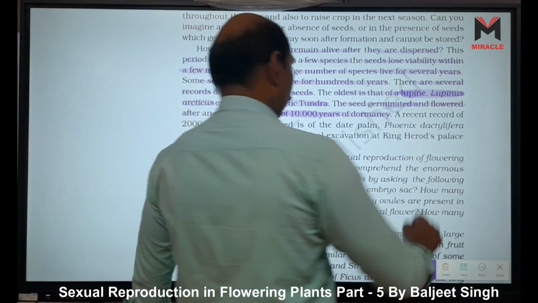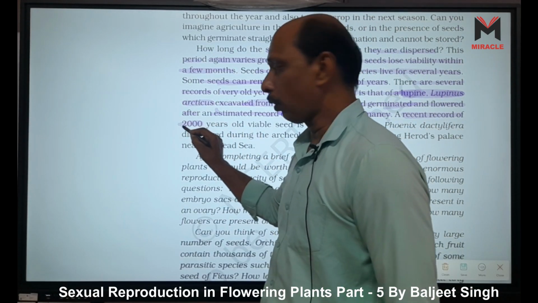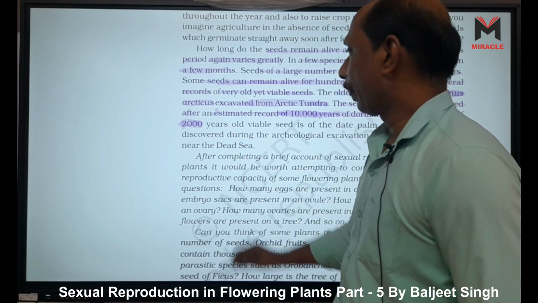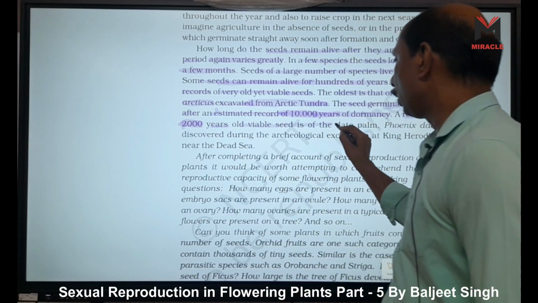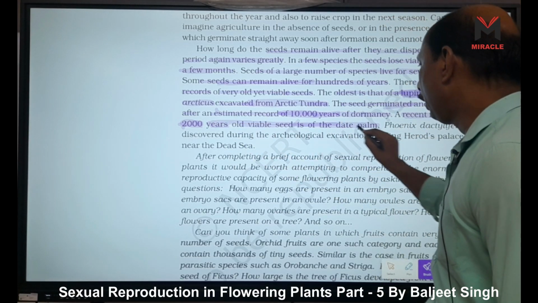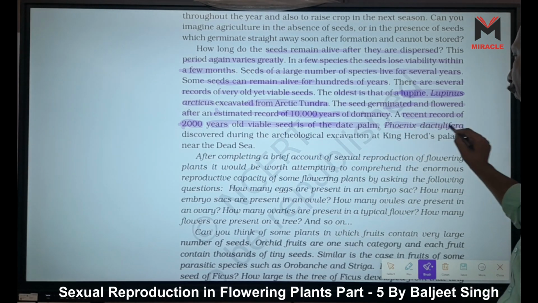A recent record of 2,000-year-old viable seed is of the date palm, whose scientific name is Phoenix dactylifera.